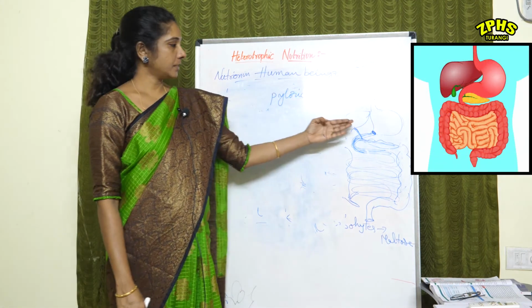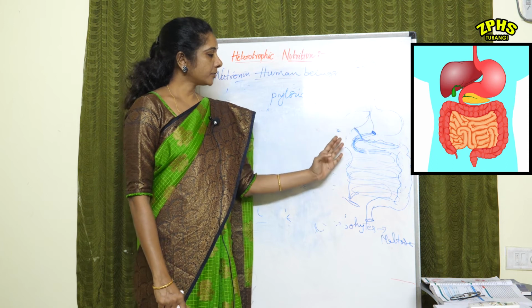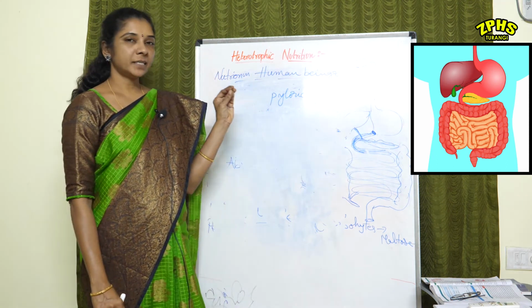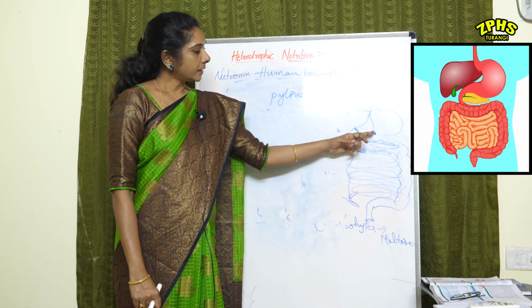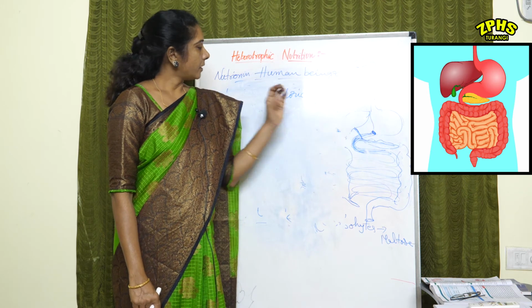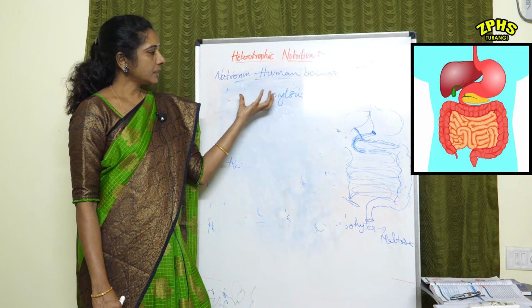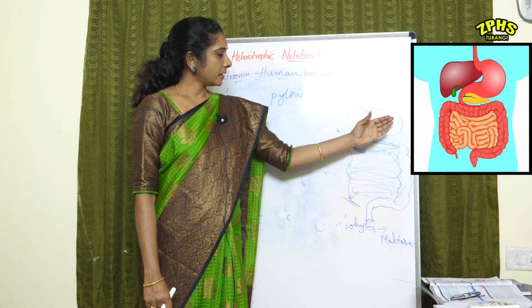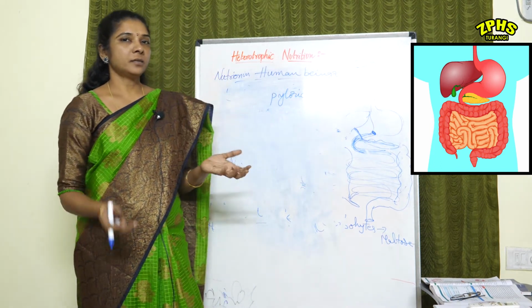The partially digested food, chyme, is present in the stomach, and next it enters the small intestine for the next process of digestion. But the entire food is not sent at a time. So here at the stomach, a valve is present which is known as the pyloric sphincter. It allows the passage to open, the food material enters, and then it closes.